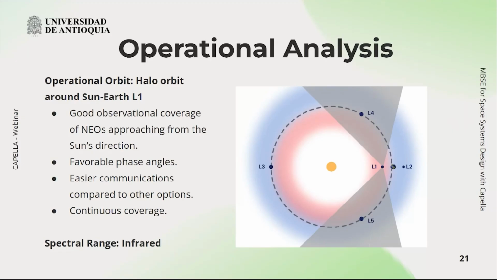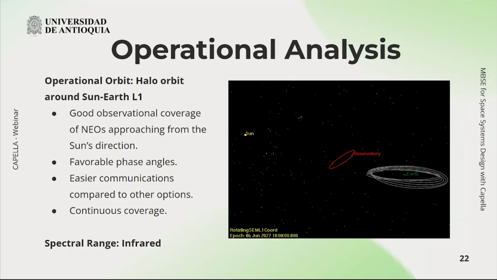And the spectral range selected is the infrared because in that range, we can take advantage of being able to detect NEOs, asteroids with low albedo, which are impossible for the visible range of ground observatories. And because we could get different characteristics, such as the diameter. Here you can see the operational orbit.